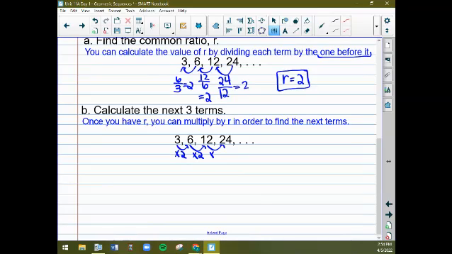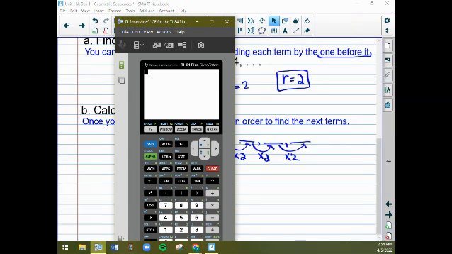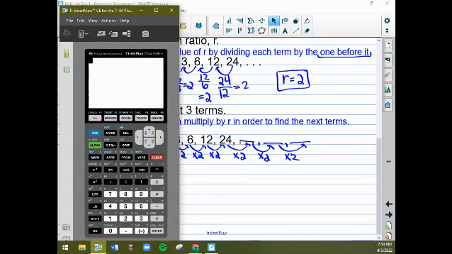So when I go forwards, I must times 2. That gets this spot, times 2 gets me the second one, and then times 2 gets me the third spot. So we're just going to multiply through to get that.